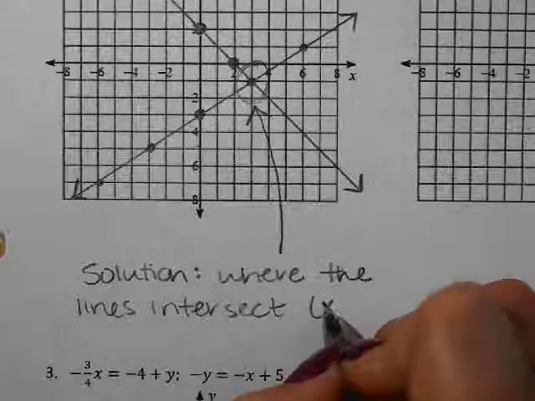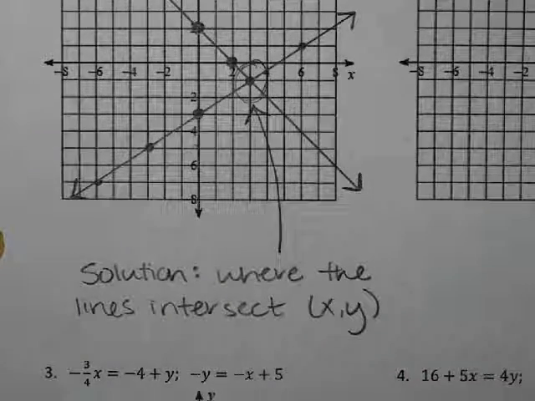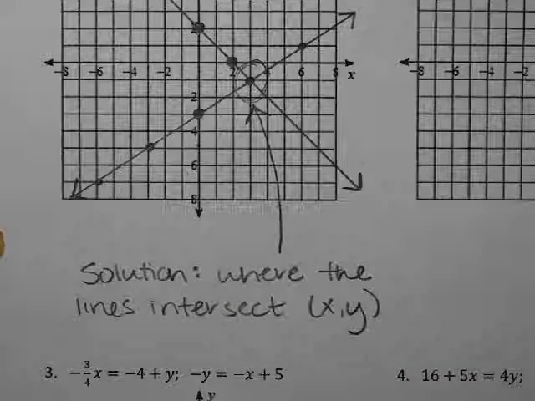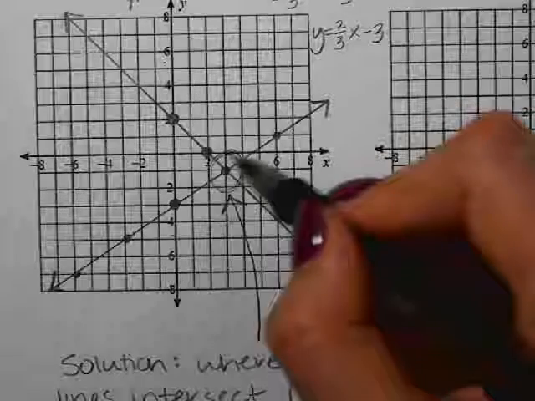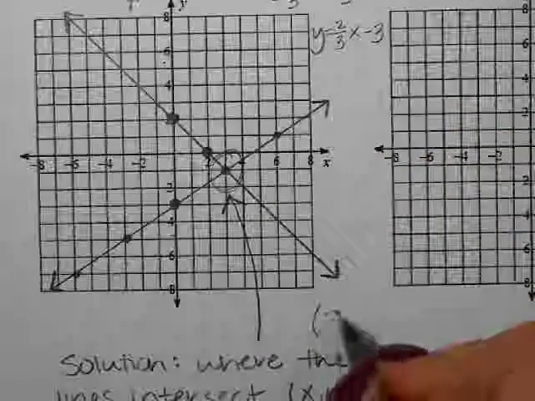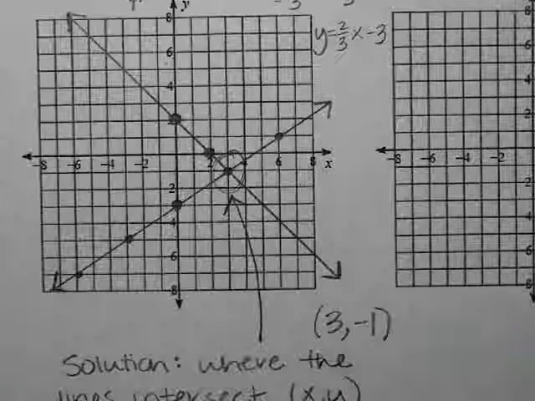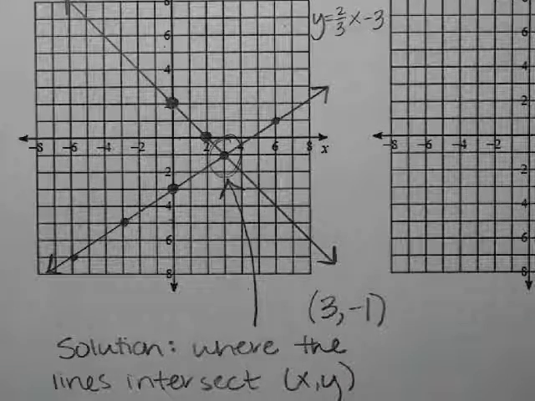And we write that like a point x, y. All right, so the solution for this system of equations is right 3 down 1, so that's 3 for x, negative 1 for y. So x equals 3, y equals negative 1.